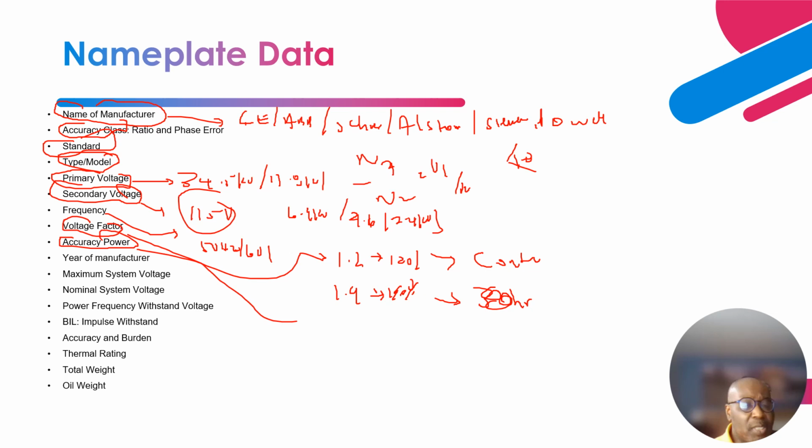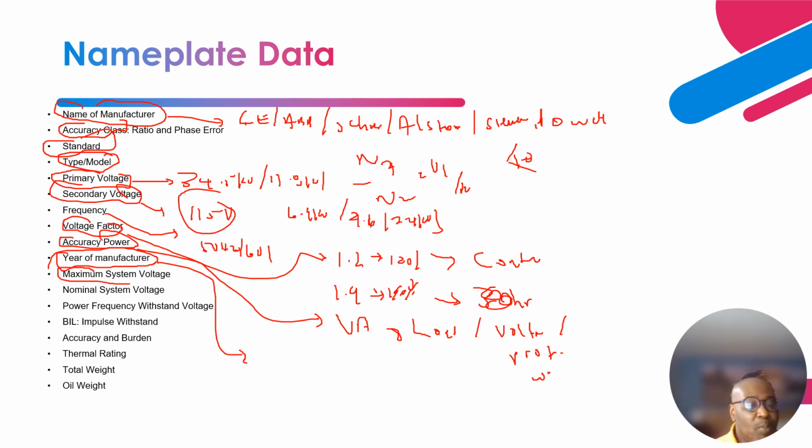Next is the accuracy power, right? Accuracy power will tell you how much VA of load, and that is the load of the voltmeter or the protective relay or watt-hour meter that you can connect to this voltage transformer. Next is the year of manufacture, right? Okay, and the maximum system voltage.